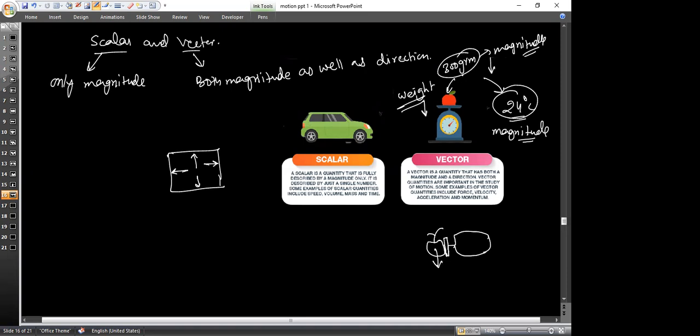So we will consider that weight is a vector quantity because it is going to have direction as well as magnitude. Actually weight is a force which is measured in newtons.